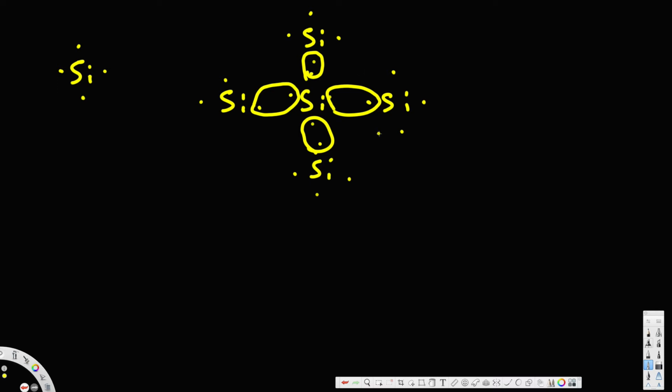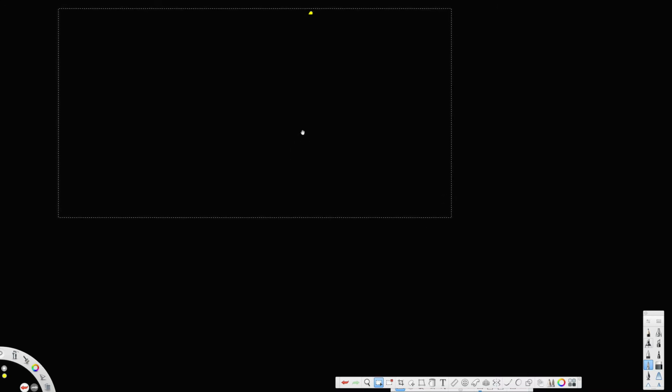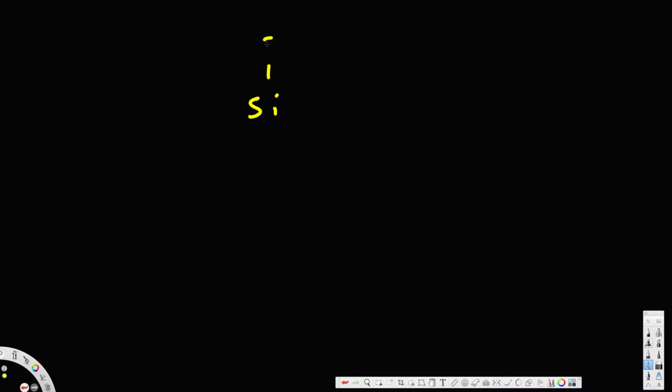What happens if we dope silicon with an element that has 5 valence electrons? Let's say phosphorus. What's going to happen if we do that? Silicon, if we draw the bonds alone, will have a structure like this.